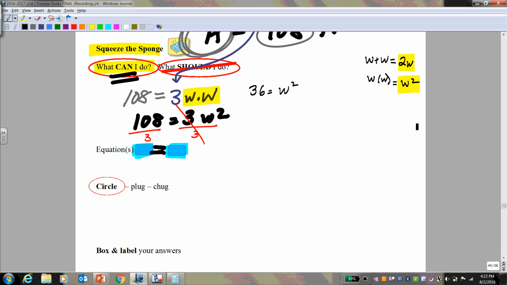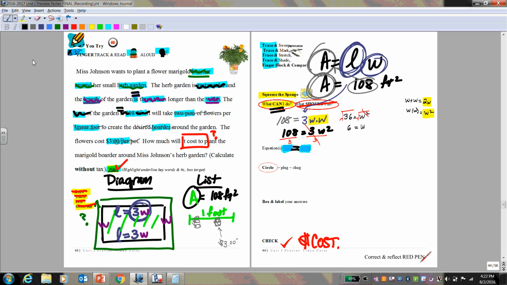Now the opposite of squaring is square rooting, not divide by 2. So I square root both sides. That cancels. So I just found that my width of this diagram is 6. That's easy. I just found the width.